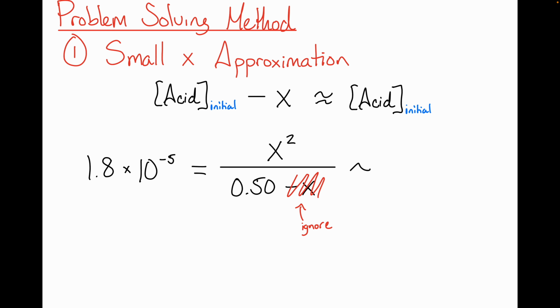So this is going to be the same thing as x squared over 0.50. All right, and the reason that we're going to do that is because it just makes the algebra 100 times easier. All right, so I believe in y'all. Everybody take a second and tell me what the pH of that solution would be solving this equation here.